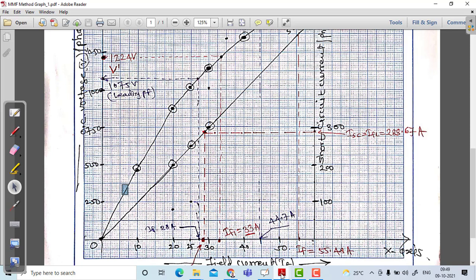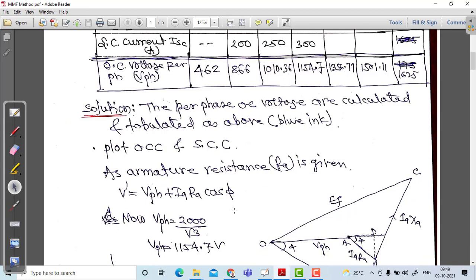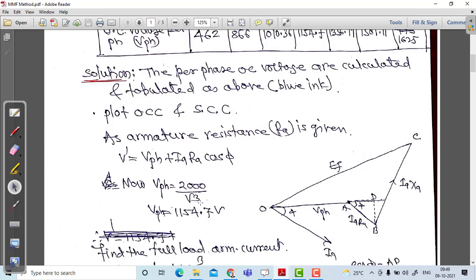Now turn to the numerical. As the armature resistance Ra is given, you have to follow this formula: V dash equals Vph plus I Ra cos phi. Now what is Vph? Vph is 2000 divided by root 3, as the alternator is star connected, and the answer is 1154.7. The phasor diagram is as shown in the figure.